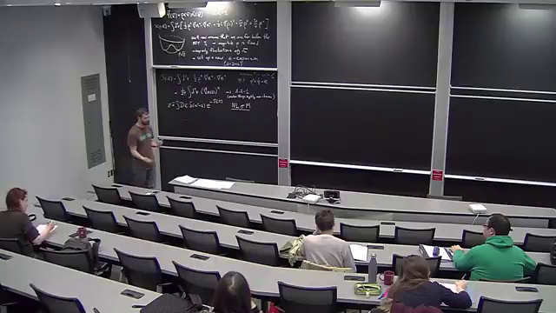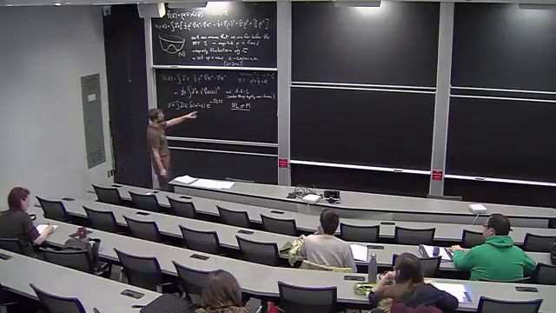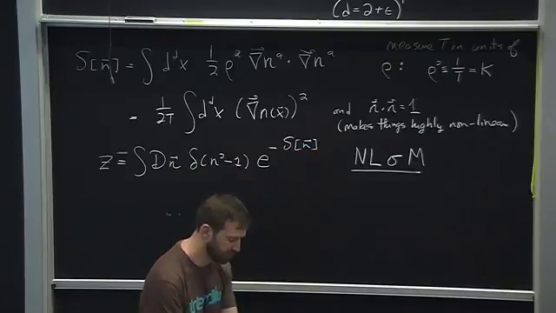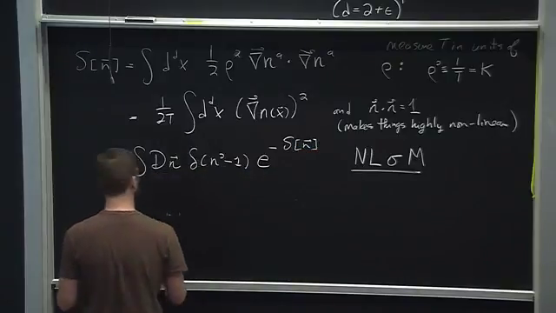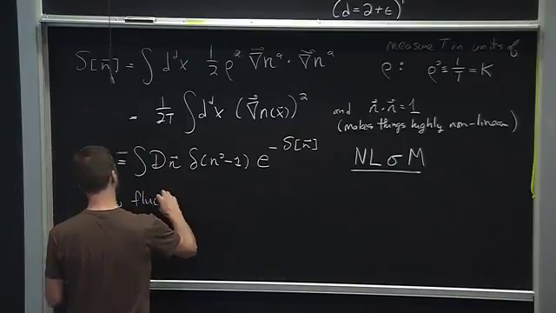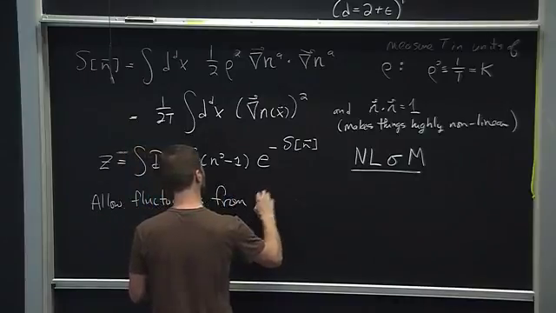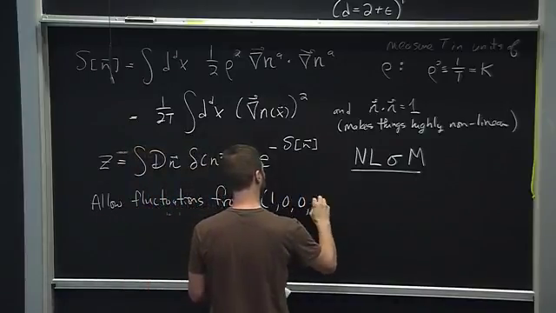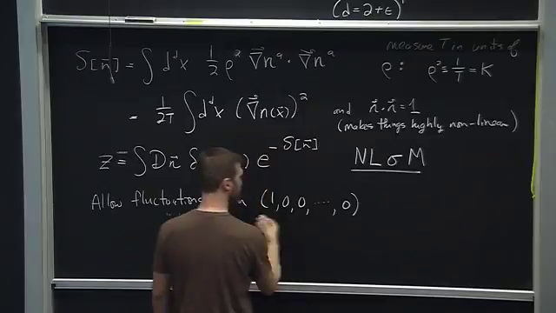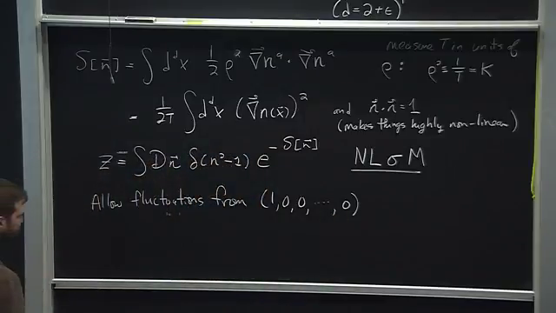So we're going to allow the fluctuations now, but we're going to subject it to this constraint. So that's your n components of your field, if you will, for your O(n) model.